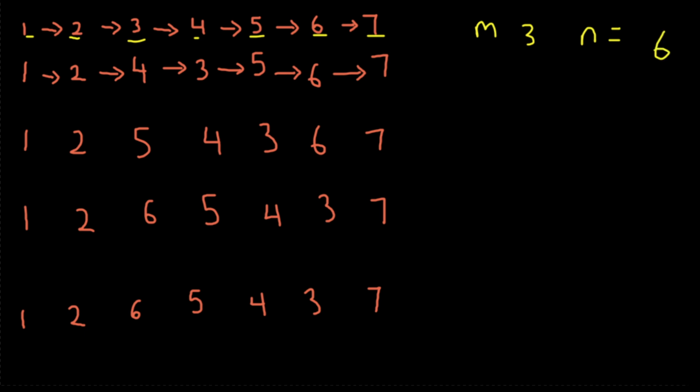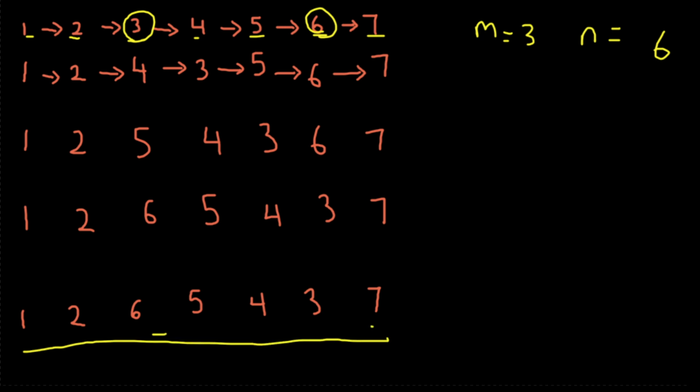So this just means that you want from the third one to the sixth one inclusive, and you want to just reverse that. So your final list will look like 1, 2, 6, 5, 4, 3, 7, where the reversed part is here.